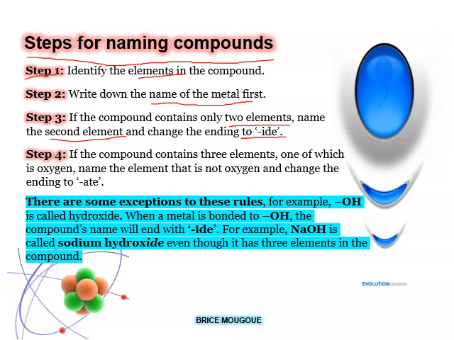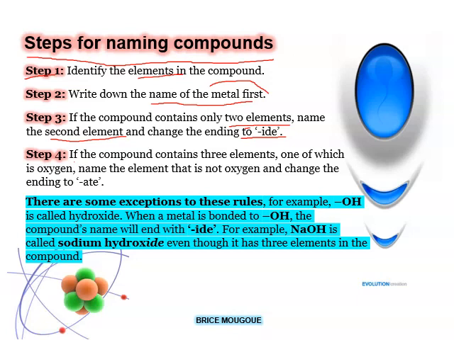After we've named the metal, we name the second element and change its ending to "ide". For example, sodium chloride. That is the name given to the compound formed between sodium and chlorine. Sodium is the metal, chloride is the non-metal, chlorine.